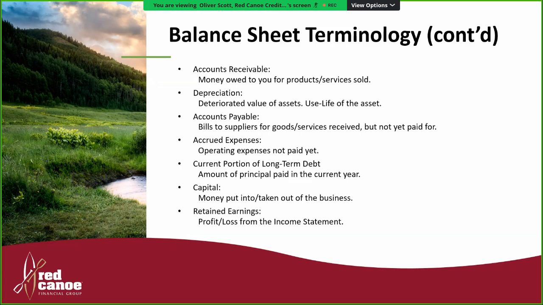This balance sheet is a snapshot in time, so it's on a specific day. So that's why it works that way. So when you run the balance sheet, you should have what payroll is due, and that goes into accrued expenses. I already mentioned the current portion of long-term debt. I didn't realize I put it into 2 places, but that's the amount of principal that you've paid down in the current year. Okay.